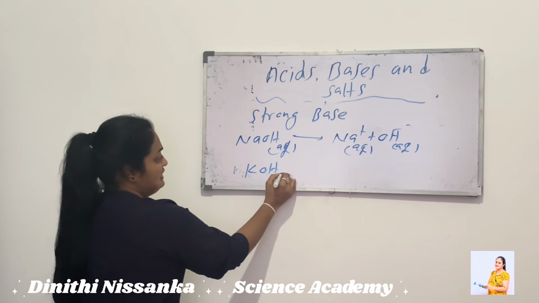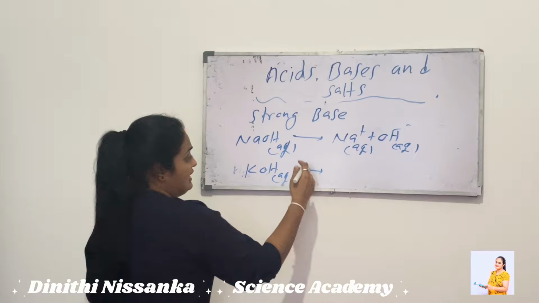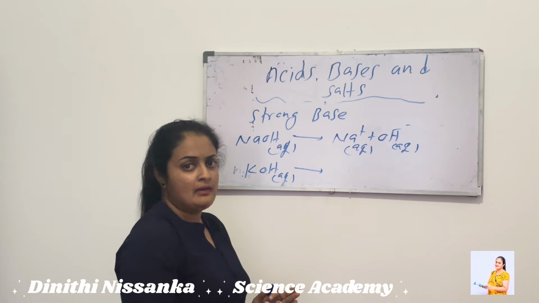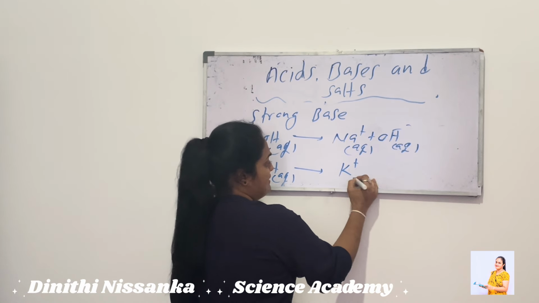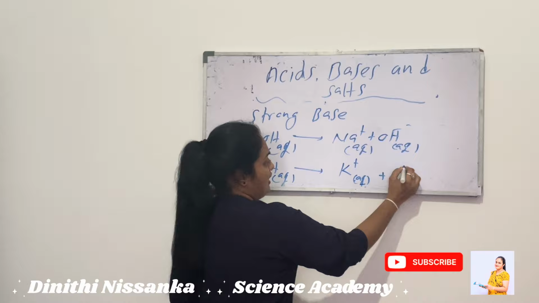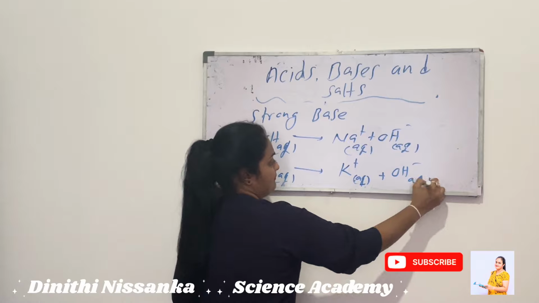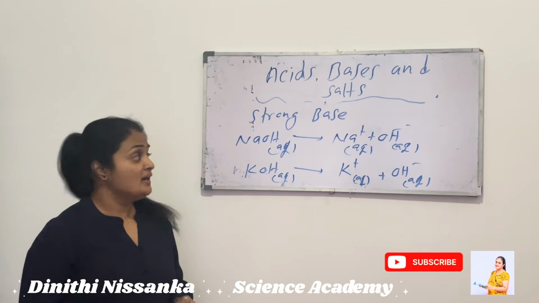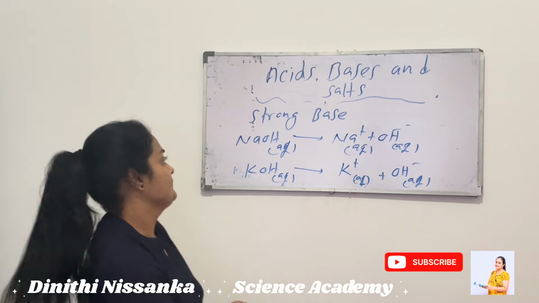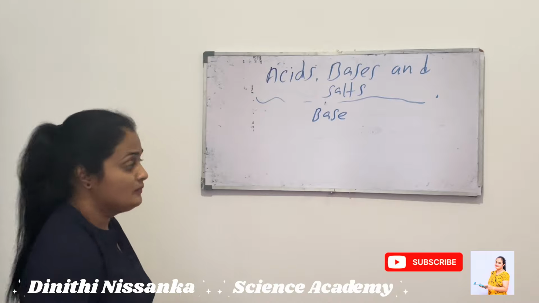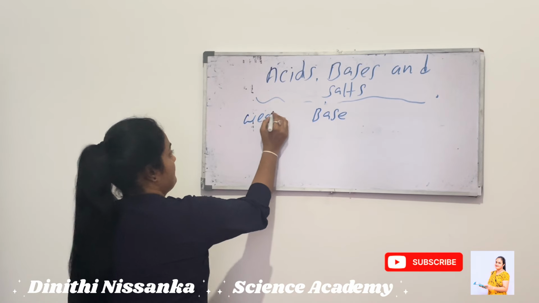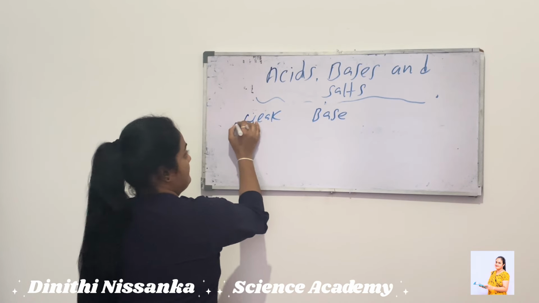Potassium hydroxide is also a strong base. That one also completely dissociates in the aqueous medium and makes potassium ion and hydroxyl ion. Alright. Let's see what the weak bases are.